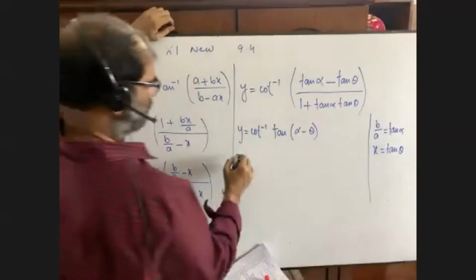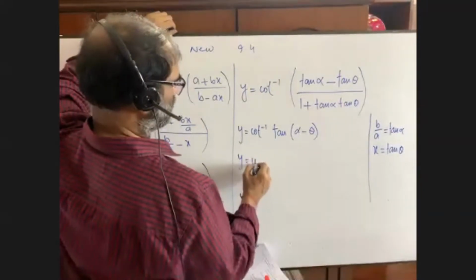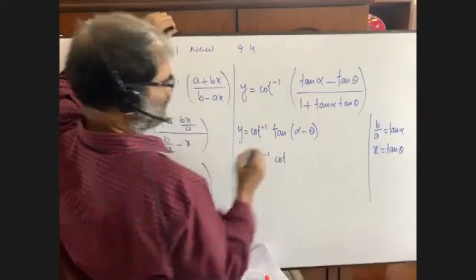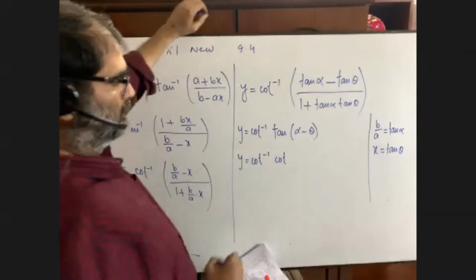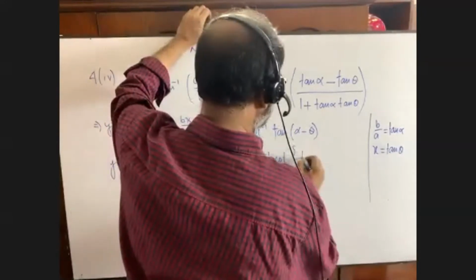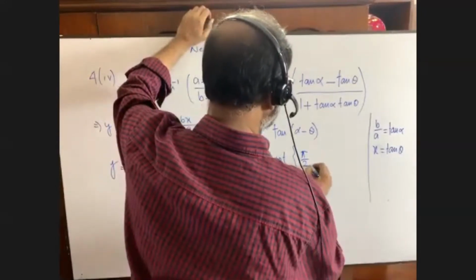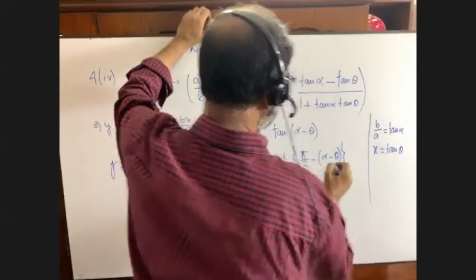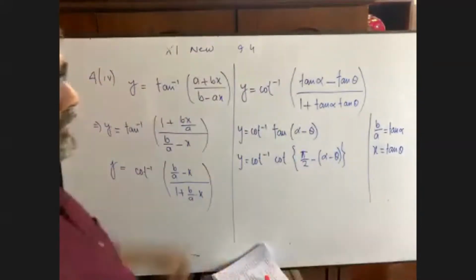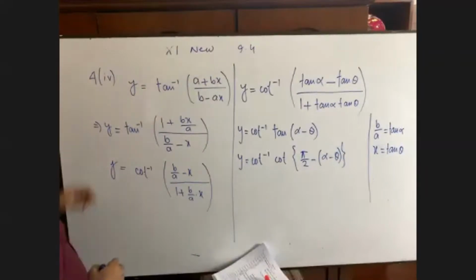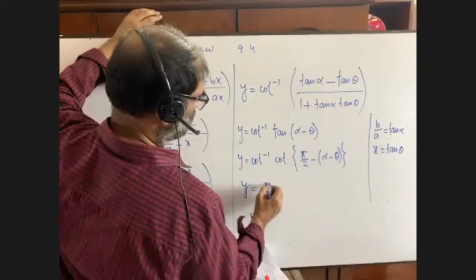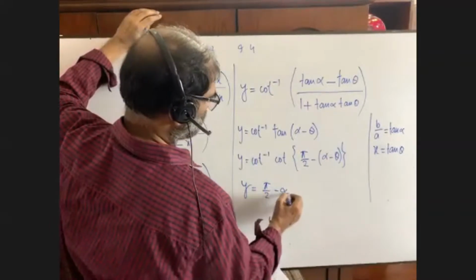That day I told you that it can be converted to cot inverse cot of pi by 2 minus (alpha minus theta). Can you remember, please? Yes, sir. That is y is equal to pi by 2 minus alpha plus theta.